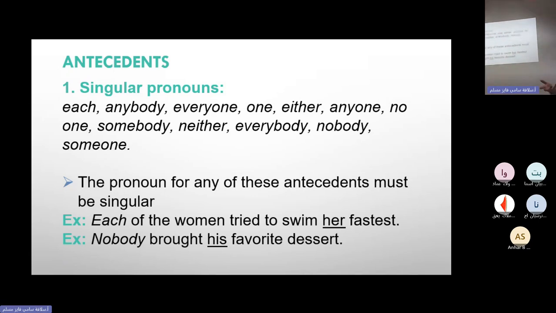Are they mixed? So nobody is treated as singular masculine. So his favorite. If you are speaking to a group of girls, you can say nobody brought her favorite dessert. But if I don't know who I am speaking to, I use the masculine singular in this case.